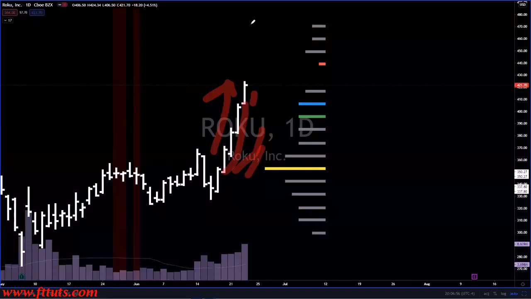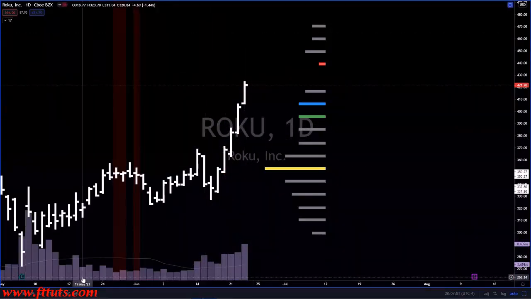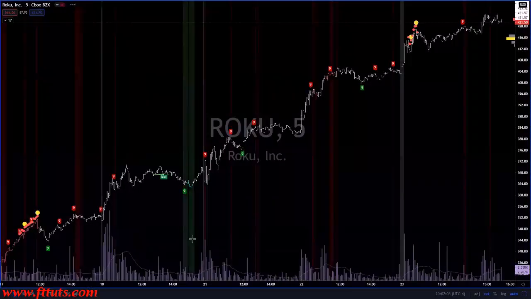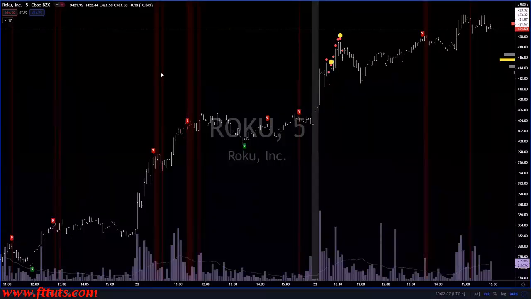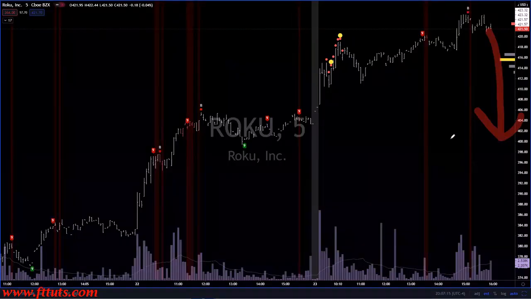And if there is a breather, if this thing does run out of momentum, there's some room here, right? So you better have a stop loss in.